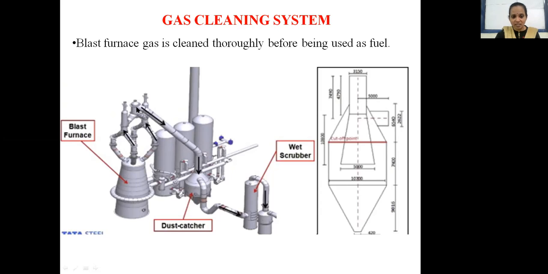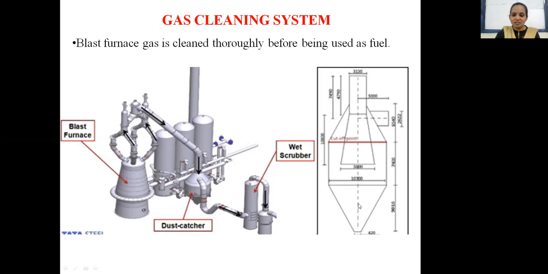Then the exhaust gases come out through this downcomer and open up into the dust catcher. Here you can see the line diagram of the dust catcher, and how the downcomer opens up into it. Here zero velocity is maintained.